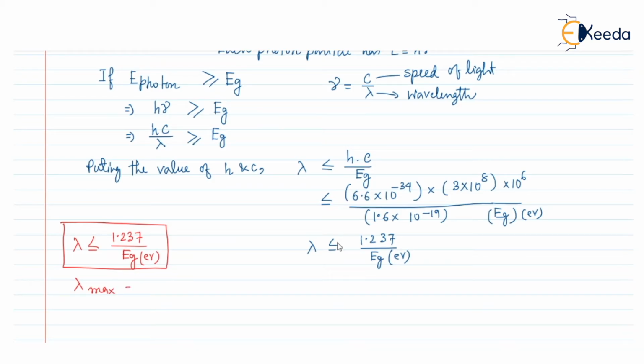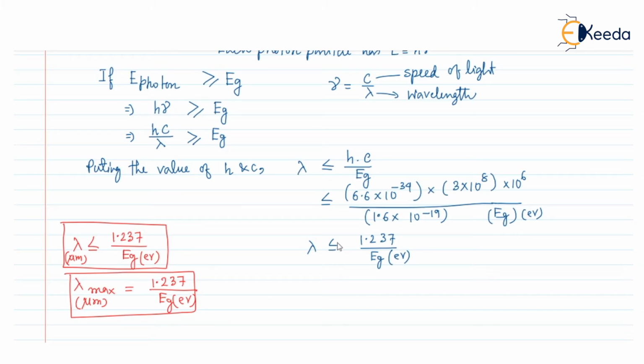So lambda max can be written as 1.37 divided by Eg in electron volts, and lambda will be in micrometers. So this is the maximum wavelength of light that will be absorbed by the semiconductor.